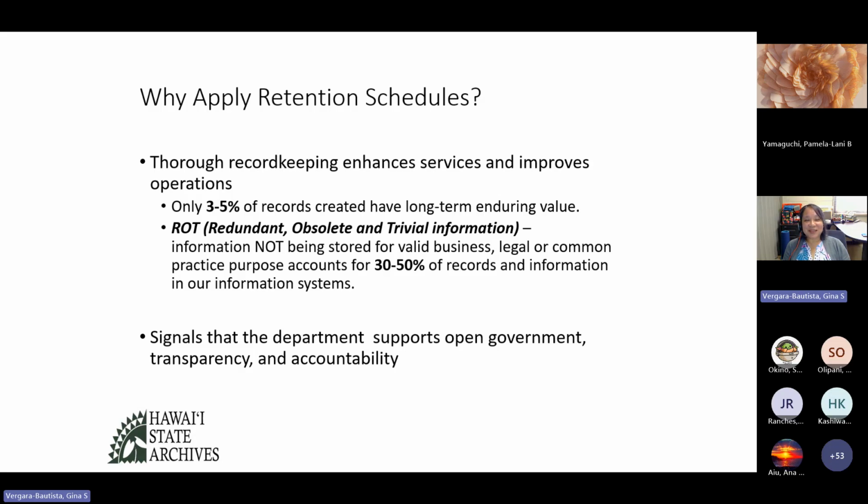I don't know if anyone has hit their maximum in terms of SharePoint sites or OneDrive, but that is something to be cognizant of. For duplicate files, meaning not the official record, please every so often clean out your folders because they are taking up a lot of room on your hard drive.